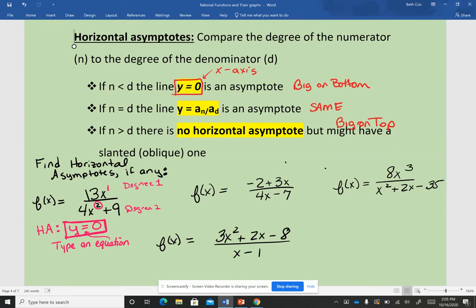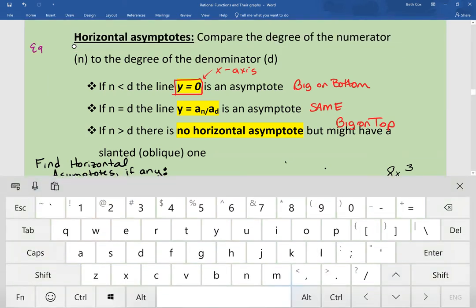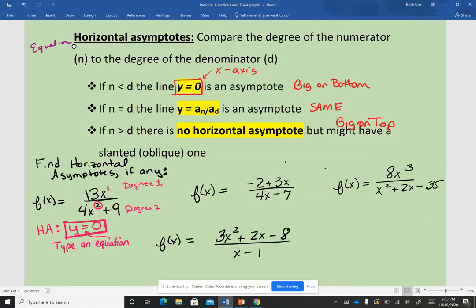Remember equations of lines? We did equations of lines a long time ago. We had vertical lines where x equals a number. Horizontal lines were y equals a number, and slanted lines were y equals mx plus b.